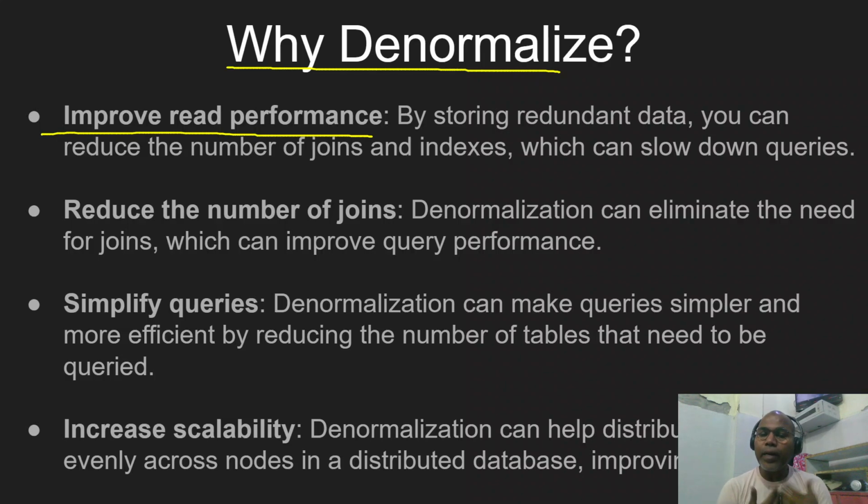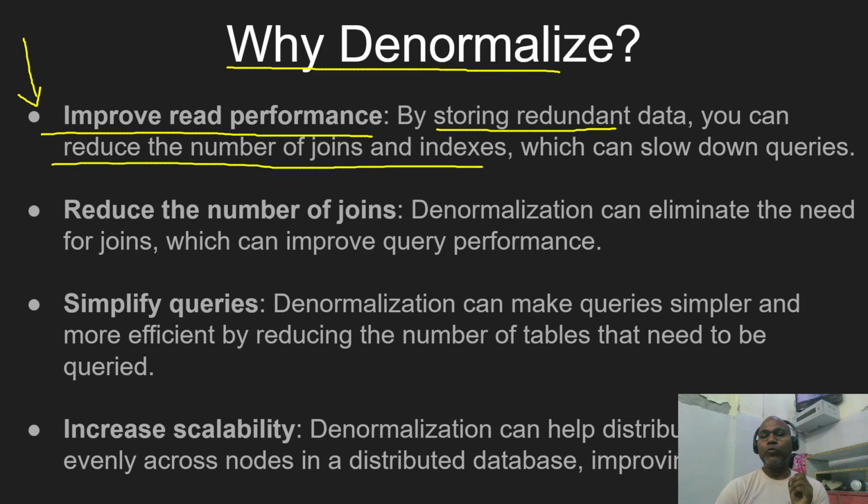You are storing redundant data, which is an unnecessary waste of space. But compare that with what we get by storing redundant data: our system performance increases, and we reduce the unnecessary number of joins and indexes, which can generally slow our system down. And the third benefit is that our developers write very simple queries.